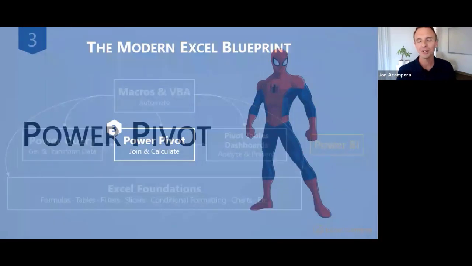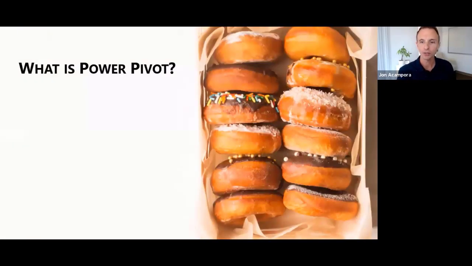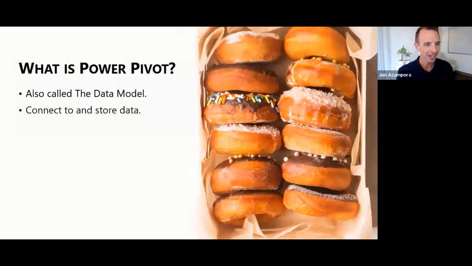I like to think of Power Pivot as Spider-Man, for a few reasons, but mostly he creates these webs, and that's what we do with Power Pivot. We create webs, or connections, between our data tables. So what is Power Pivot? This is also called the data model, the place where we store our data, where we store our donuts. Hope I'm not making you too hungry yet.